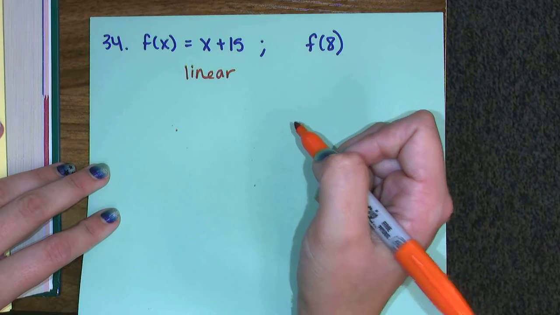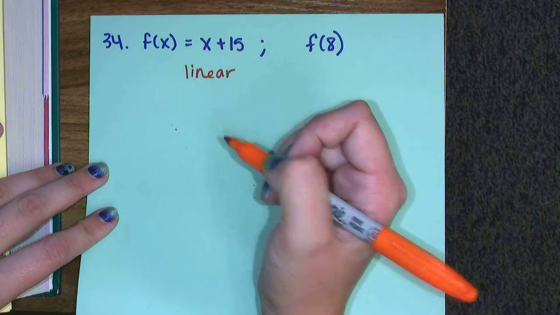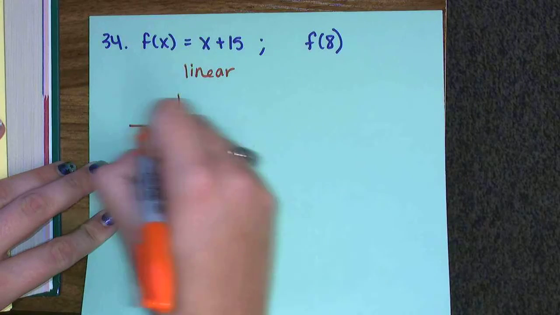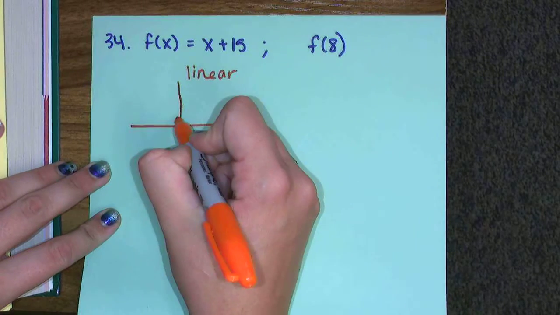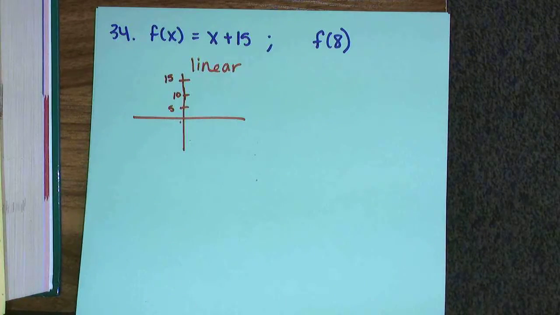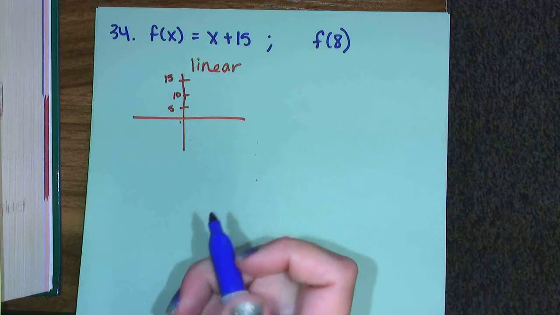If I told you to graph this, what would it look like? The diagonal line going up.